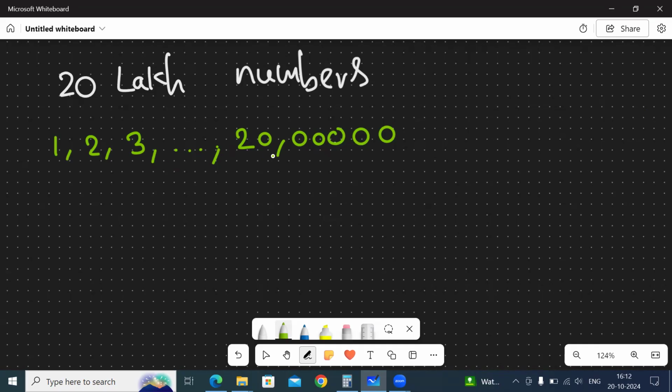I have directly written the 20 lakh number at the end of my series. I have started with 1, I have ended with 20 lakh. Why? Because technically, it is very difficult to write all the 20 lakh numbers at a time. So what I have done here is I have chosen this particular three dots.